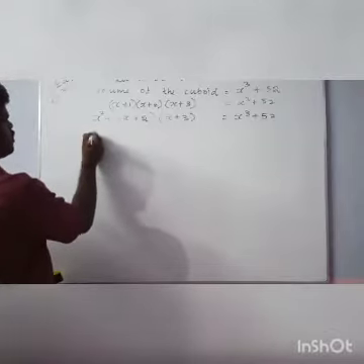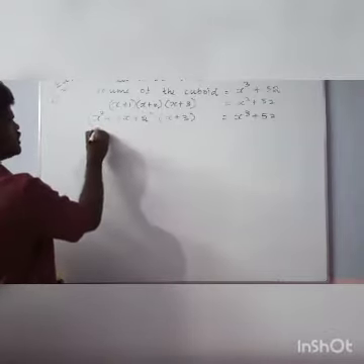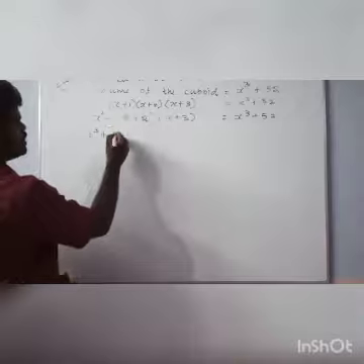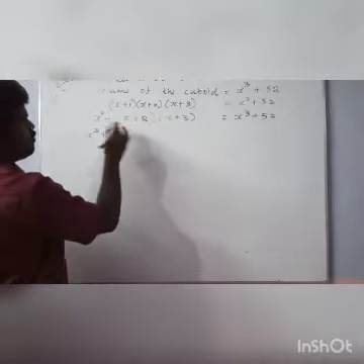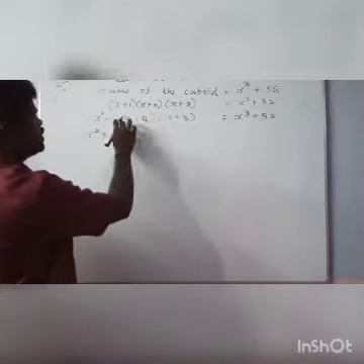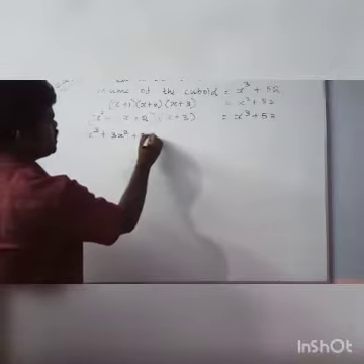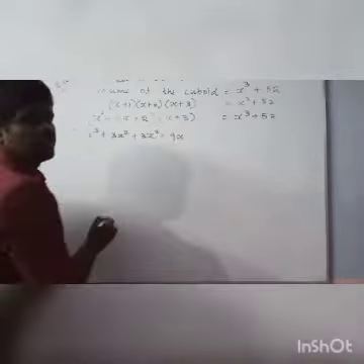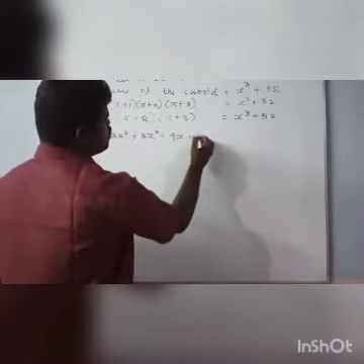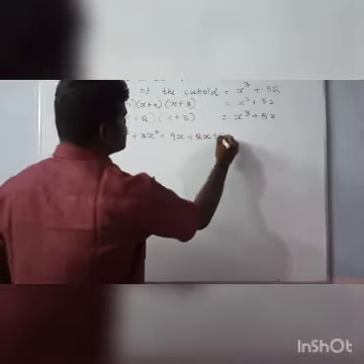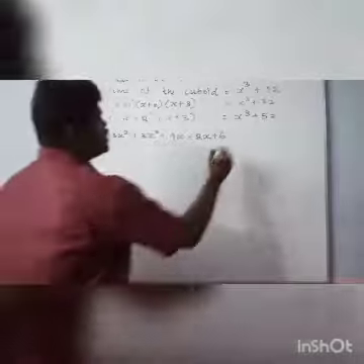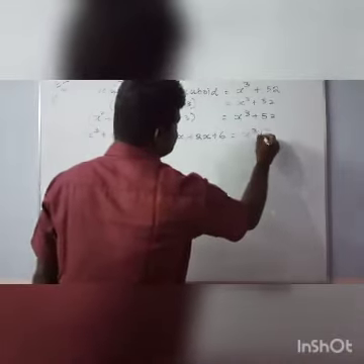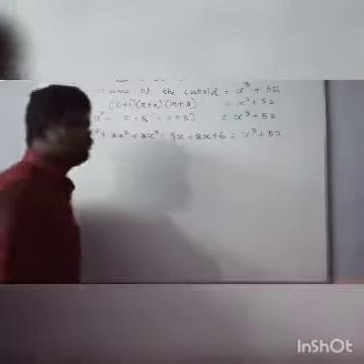First term x square, take this one, x cube plus 3x square, and this term plus 3x square plus 9x, and the third term plus 2x plus 6 is equal to x cube plus 52.